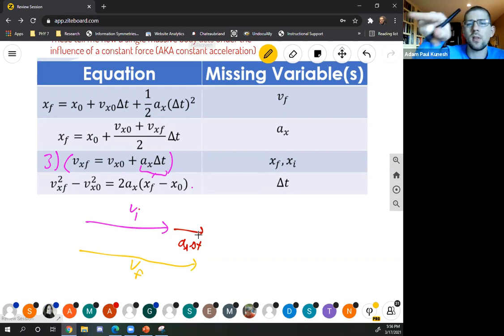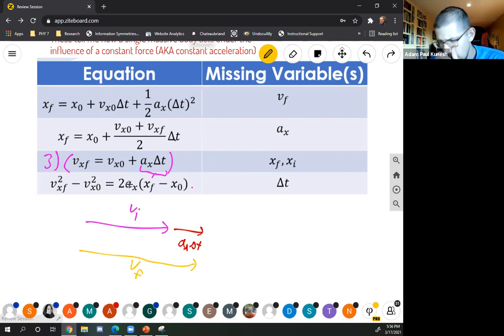It throws a little bit more on there or takes a little bit off. I start with some initial velocity, I've got some acceleration, I dial time forward, and that changes my velocity, and that change is just linear. It's not a times delta t squared or anything like that.